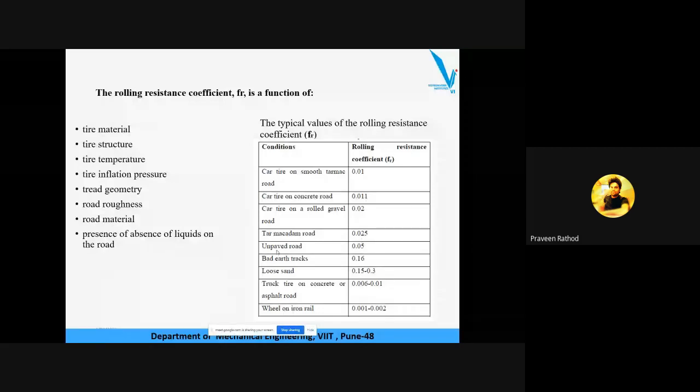Whenever we consider unpaved roads, the rolling resistance coefficient will be 0.05.